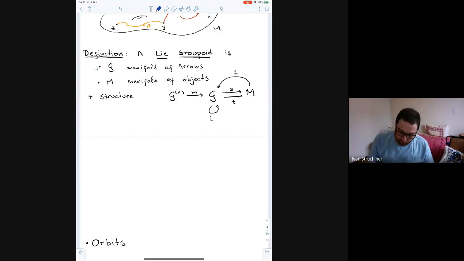So each point in G is an arrow between two points, say y and z, which are in X. This point is called the source of G, and this point is called the target of G. So these are the two maps which appear here, the source and target map. And these maps have to be surjective submersions. All the maps are smooth here, okay?